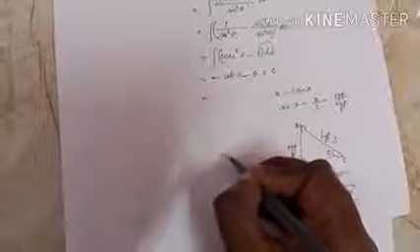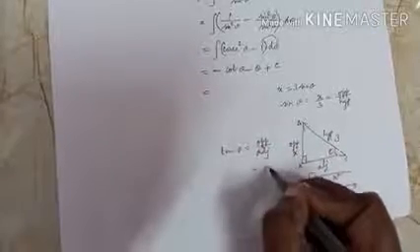Once you know the adjacent side, you can find tan theta, which is opposite side by adjacent side. So opposite side is x, adjacent side is root of 9 minus x square. Cot theta is the reciprocal of tan theta, cot theta is 1 by tan theta.